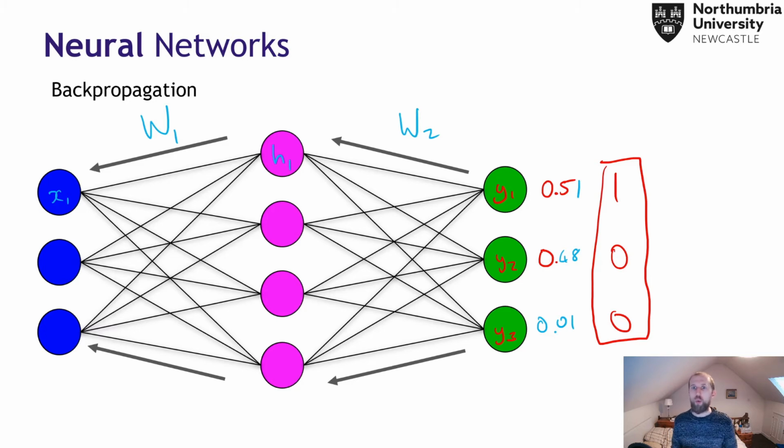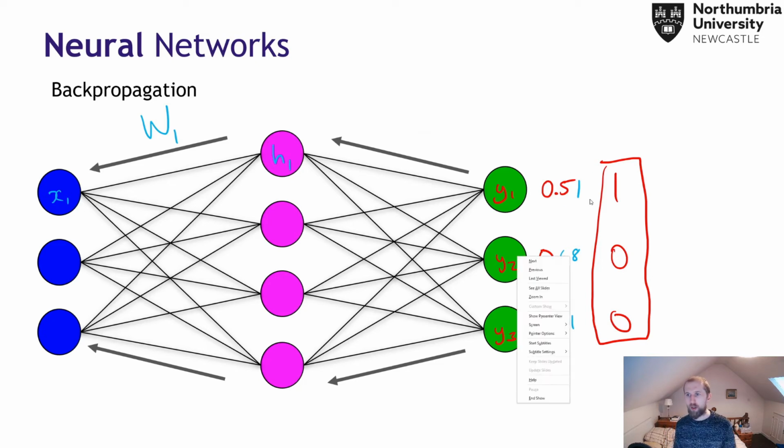And the way that we do that, rather than doing that process that I've just described for each weight individually, we're instead going to work back through the network with a new input.